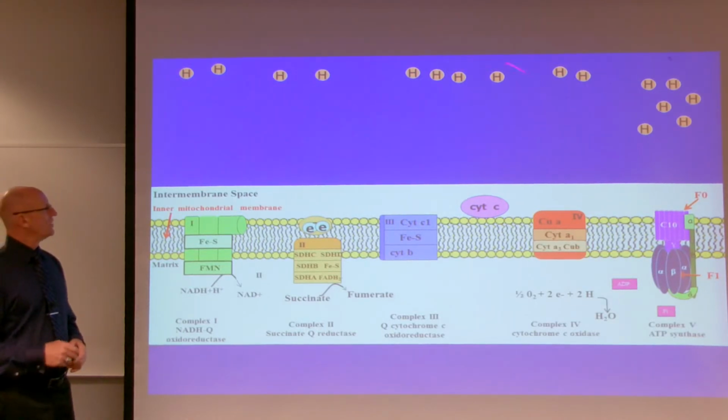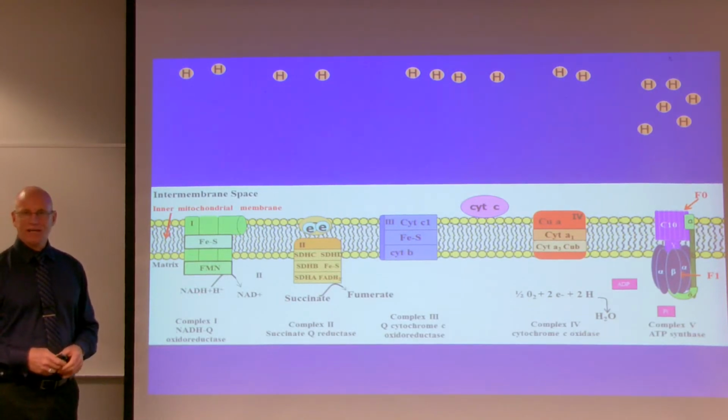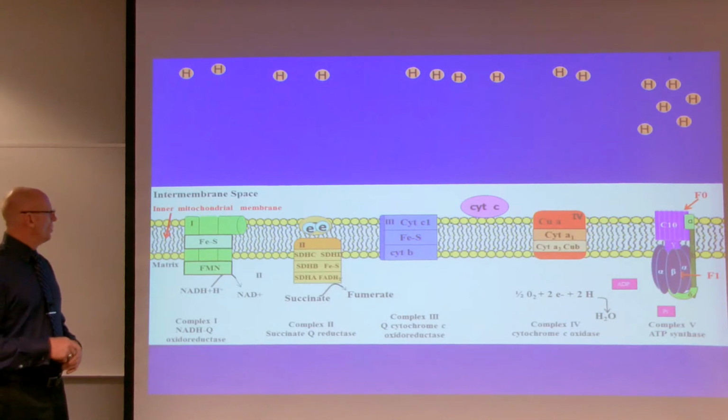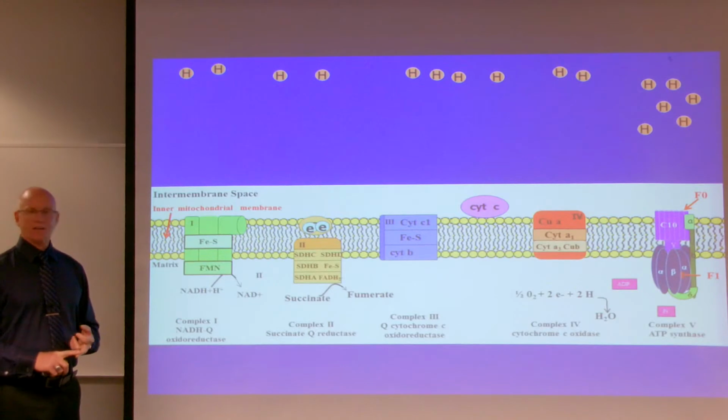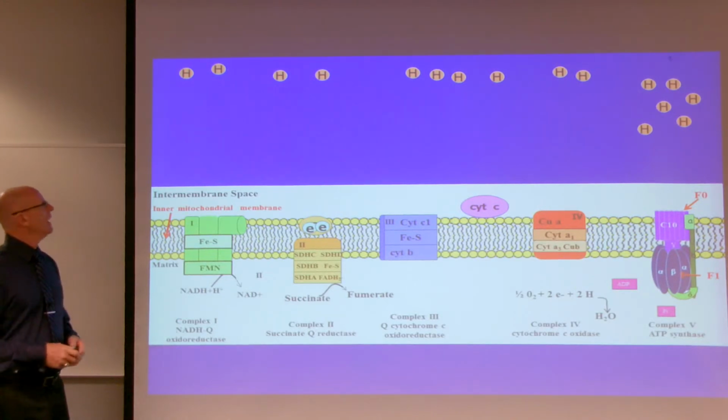For every 1 nicotinamide adenine dinucleotide in its reduced form, there will be 10 hydrogen ions pumped into the intermembrane space. And this creates a pH gradient and also an electrochemical gradient, promoting a potential energy.